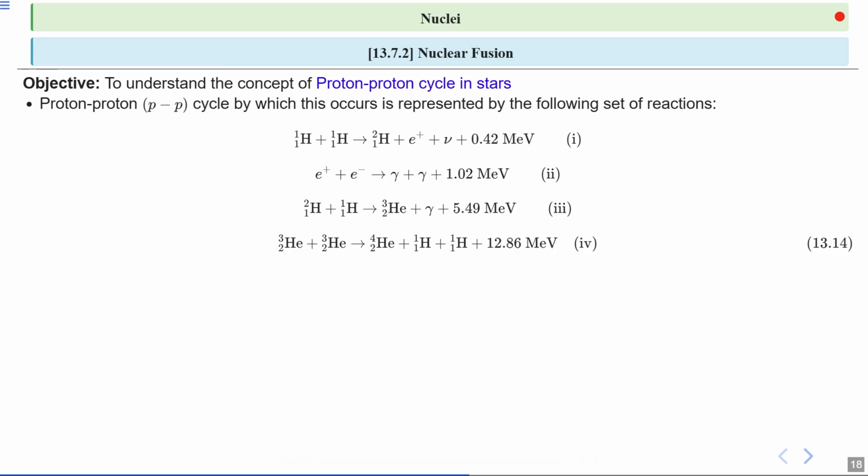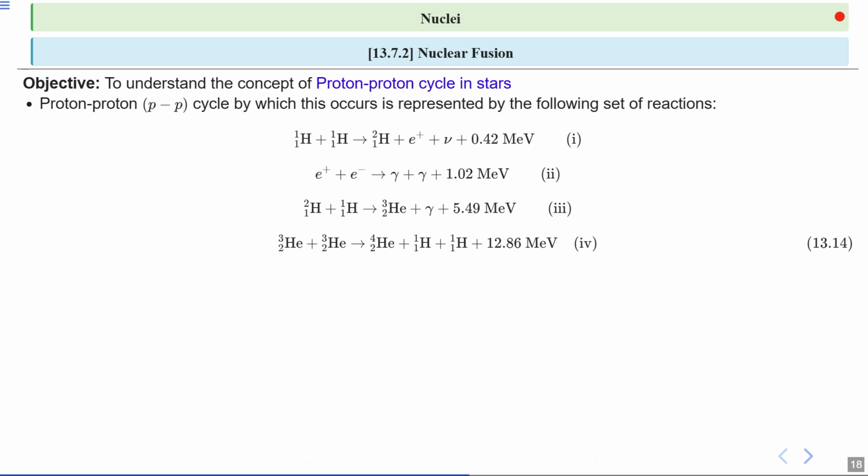In the second reaction, a positron and electron combine to form two gamma rays and 1.02 mega electron volts of energy is released. In the third reaction, a deuteron and proton combine to form a helium-3 nucleus along with a gamma ray and 5.49 mega electron volts of energy is released.